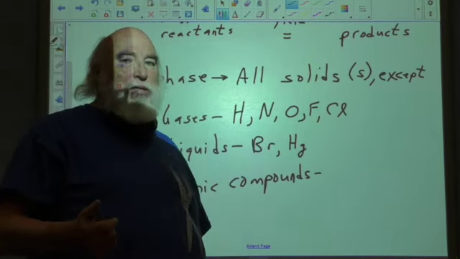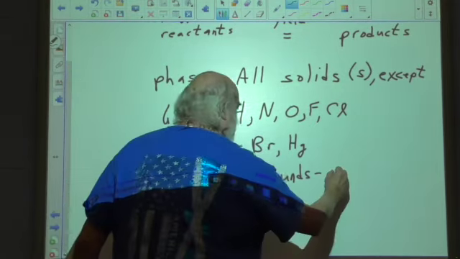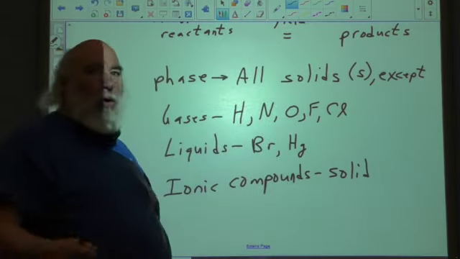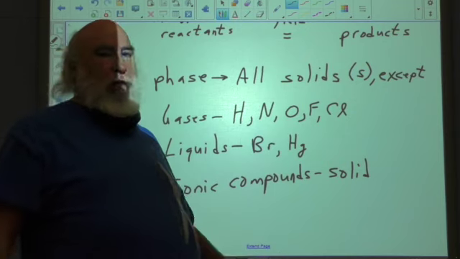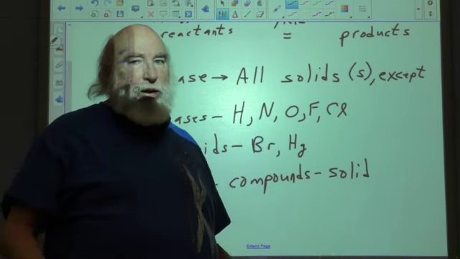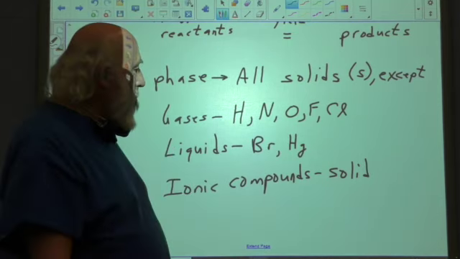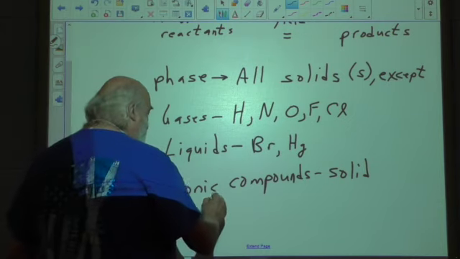The first one is they're solids at room temperature. So if it's an ionic compound, it's solid. So the question you have to ask yourself is, what is an ionic compound? How is it different from a covalent compound? Well, we've talked about it a bit in these 2 sections dealing with ionic compounds and covalent compounds. But the biggest difference is that ionic compounds have a metal.